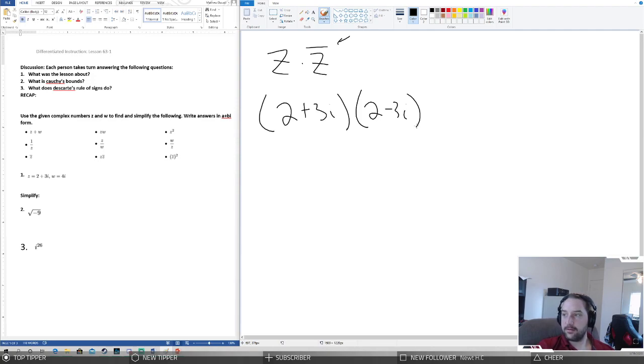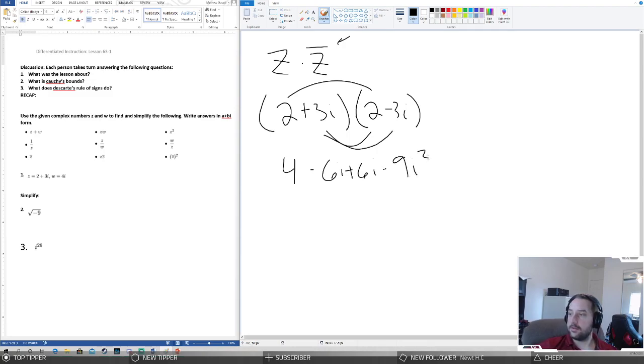Now I just multiply that. 2 times 2 is 4, and then minus 6i, and then plus 6i, and then minus 9i squared. Those will cancel out, so you're going to get 4 plus, i squared is negative 1, so 4 plus 9, you're going to get 13.